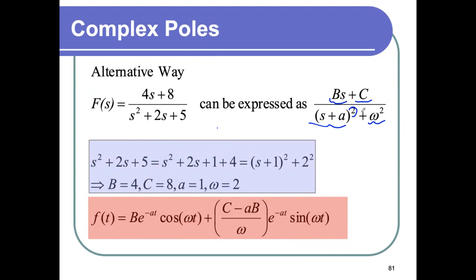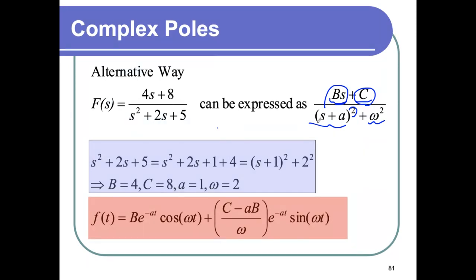Now, what is this? This is simply, so you have 2 terms here. So we have BS. This term we can relate to the cosine function. And this term we can relate to the sine function with appropriate scaling.